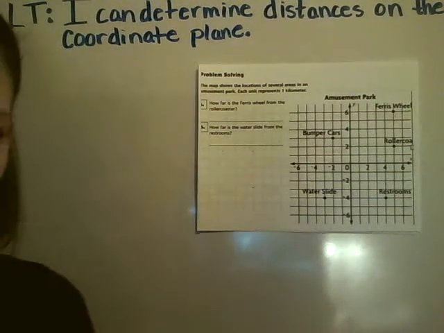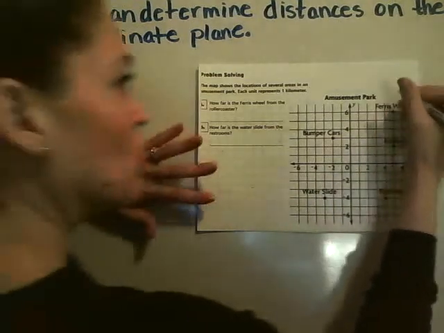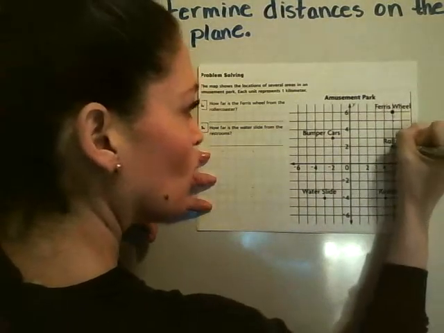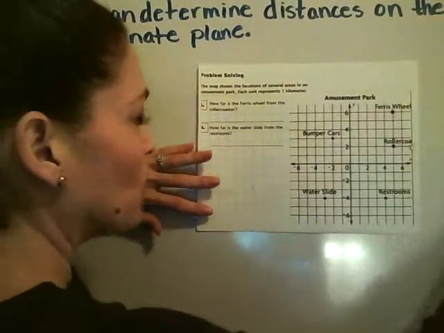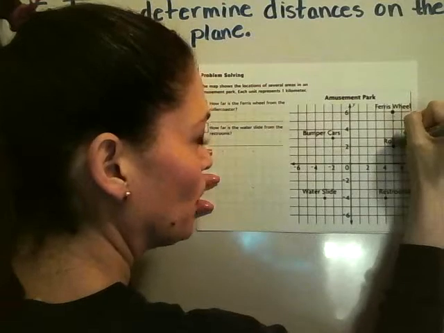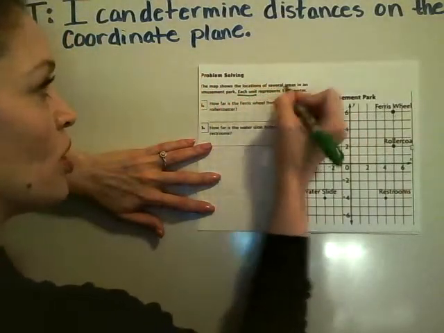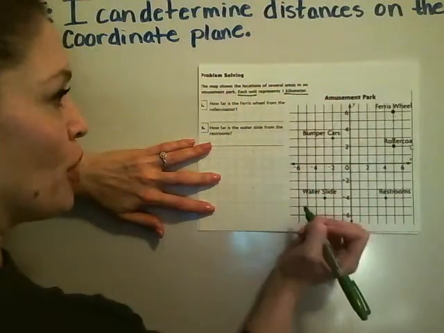So find those areas. Where's the Ferris wheel? Where is the roller coaster? Ferris wheel, roller coaster. We're counting the distance. That's 1, 2, 3, 4 units. But it says that each unit represents 1 kilometer.